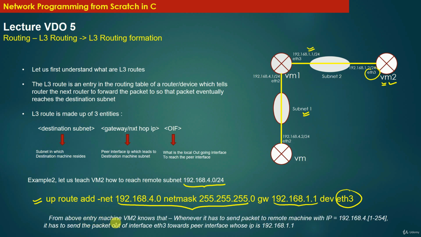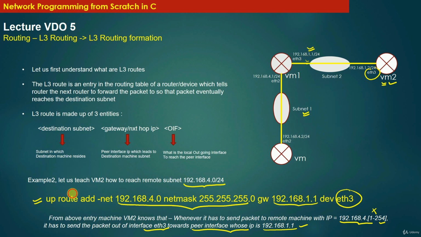So from the above entry, the router VM2 knows that whenever it has to send a packet to a remote machine whose IP address is 192.168.4.x, where the x value can belong to 1 to 254, then the router VM2 has to send the packet out of local interface Ethernet 3 towards the peer interface whose IP address is 192.168.1.1.